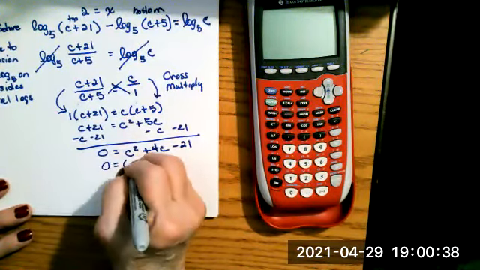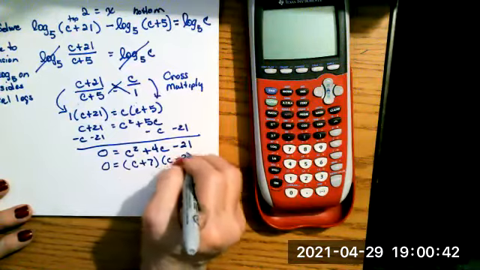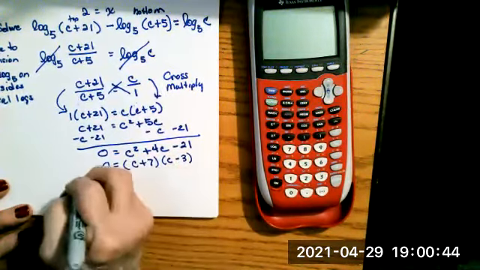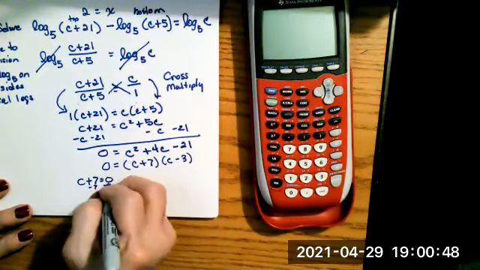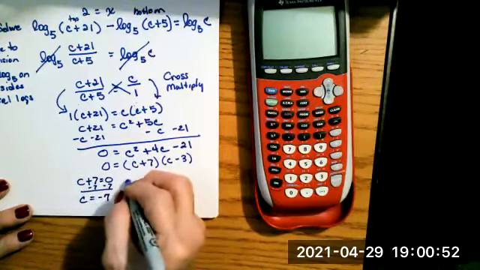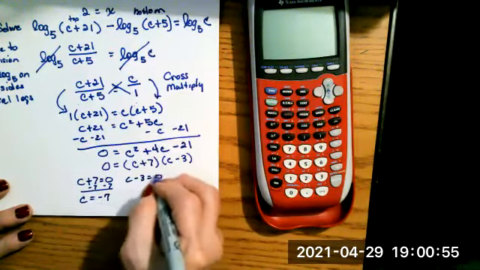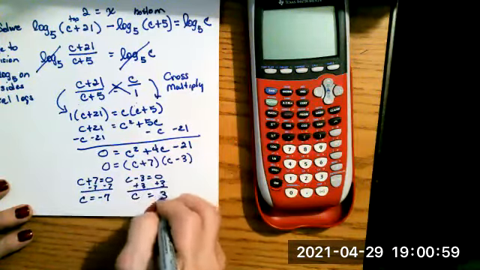Let's see, we get c plus 7 and c minus 3. You set each one of them equal to 0. You get c equals negative 7 for this one, and c equals 3 for this one.